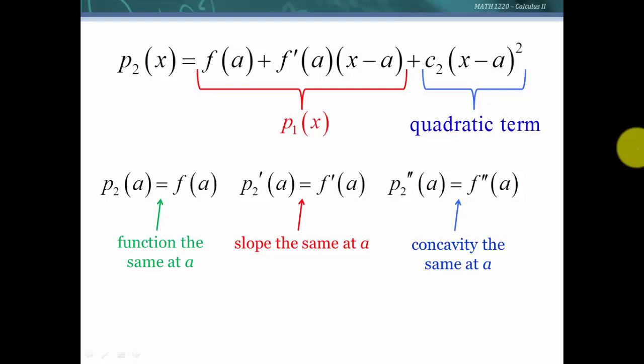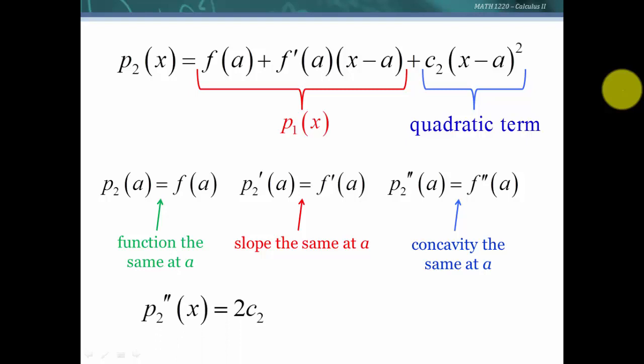So let's figure out what the second derivative of the polynomial would be. So first derivative, this would disappear. By the time we do a second derivative, this would disappear. First derivative would put a 2 out in front here, and then the second derivative would just be a 1. So we would have 2c2 equal our second derivative of our polynomial.